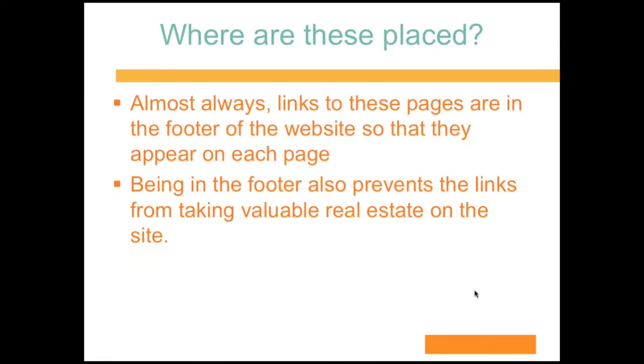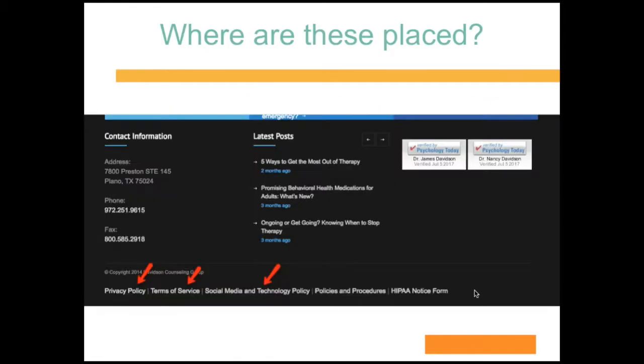Now, where are these placed? Almost always they're three different pages on your site, and almost always the links to these pages are in the footer of the website. When you have something in the footer, it enables you to have it on each page, and it's not taking valuable real estate on your site that you're really using for marketing and communicating, building relationship with your client.